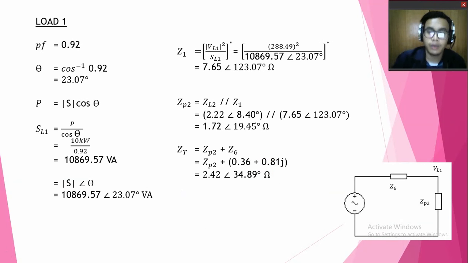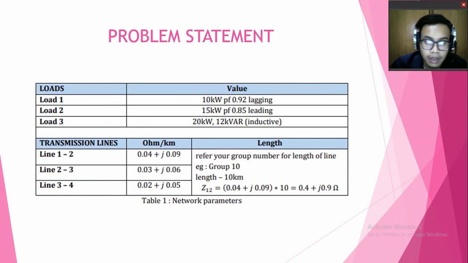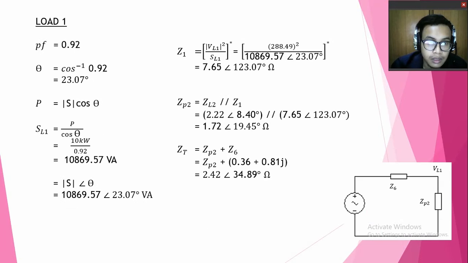Okay, this is load 1. The power factor of load 1 is given. We can see 0.92 lagging. So for us to find the angle of this load, we just take the inverse cos of 0.92 and we will get the angle 23.07.